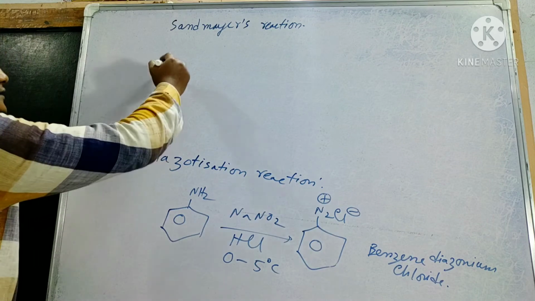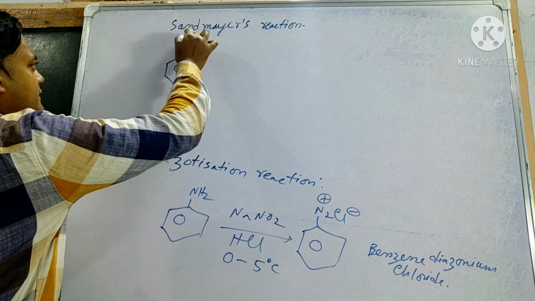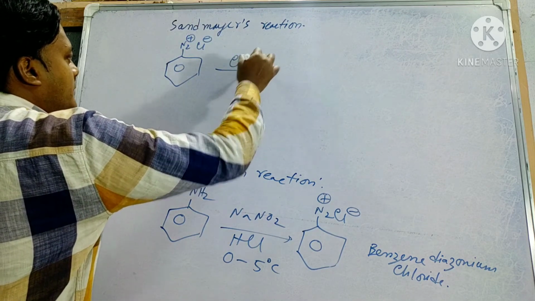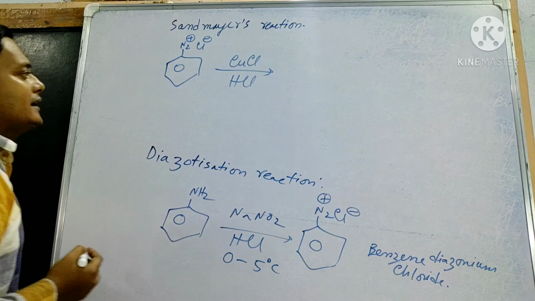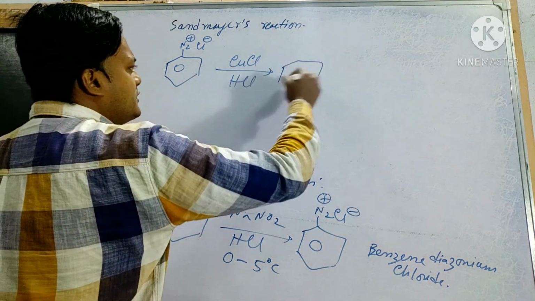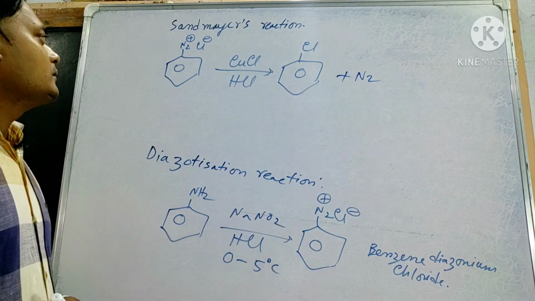Now in Sandmeyer reaction what happens? See, now benzene diazonium chloride with copper salt and halogen acid, CuCl and HCl, what will be the product? Now chlorobenzene.